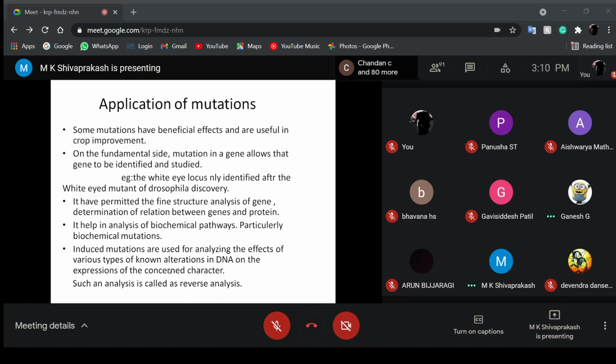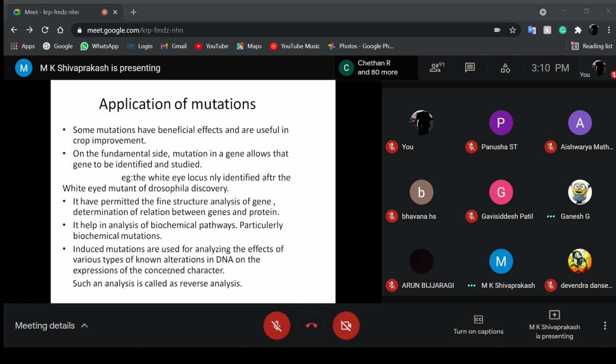By introducing mutations in certain biochemical pathways, they are called biochemical mutations. Of course, it is also used for beneficial purposes, especially in pharmaceutical industries, which have been using it for many drugs.